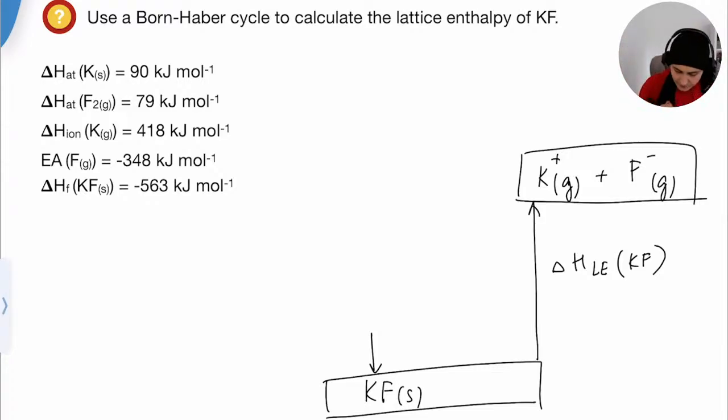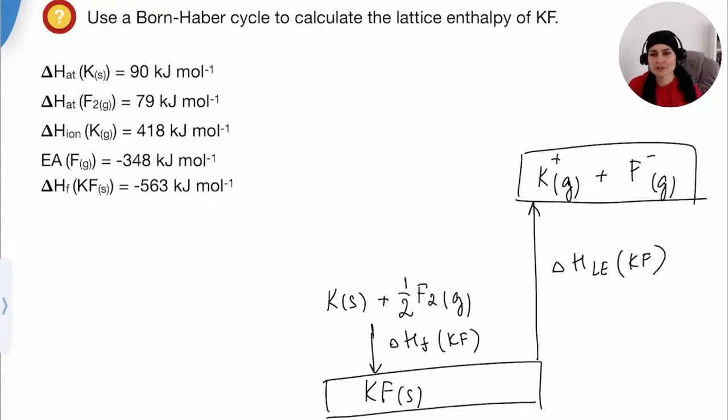By definition, formation enthalpy is when you're forming 1 mole of a compound from elements in standard state. So what are the elements in standard state? Potassium is solid at standard state. Fluorine is F2 gas, and it has to be balanced, so I have to put 1/2 in front of fluorine. So that's my enthalpy change of formation.